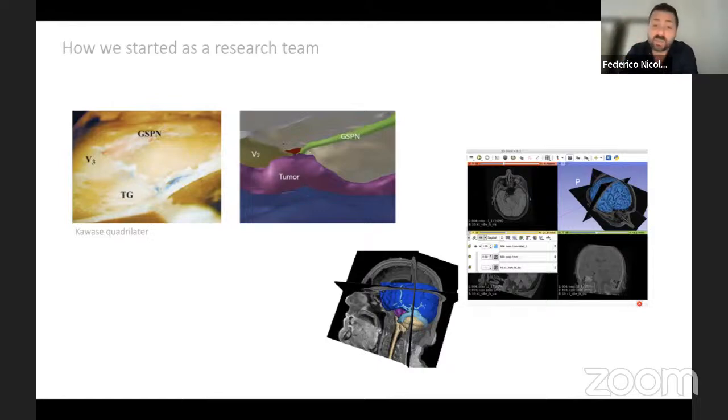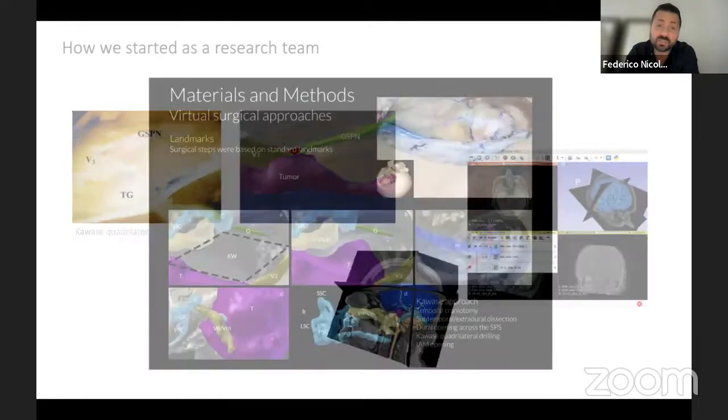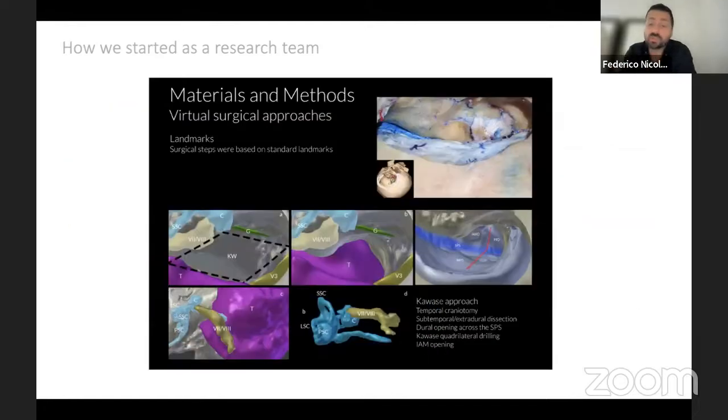I started on skull base tumor, and the studies that we started doing were using 3D models, using segmentation, to evaluate a specific corridor to reach a specific tumor located in a specific area.